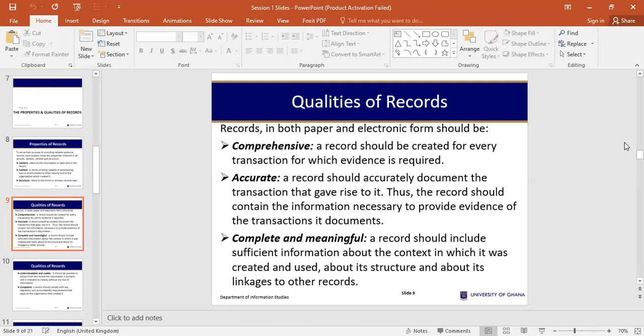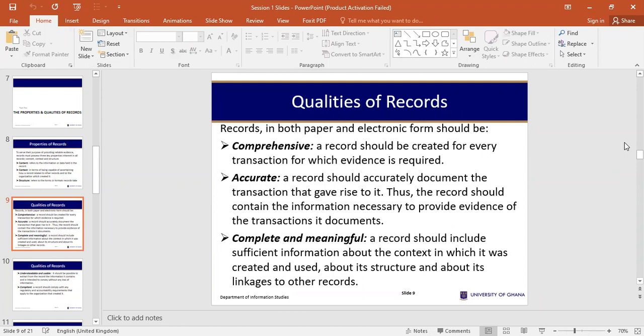Now, records in both paper and electronic form should be first comprehensive. A record should be created for every transaction for which evidence is required. If evidence is not required, then there's no need for you to create or record it.